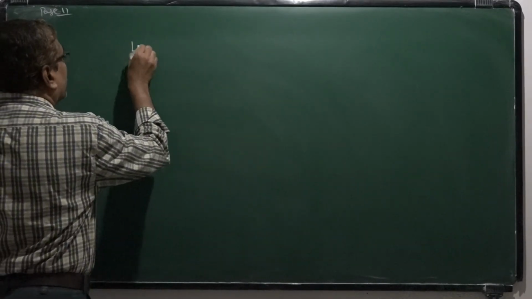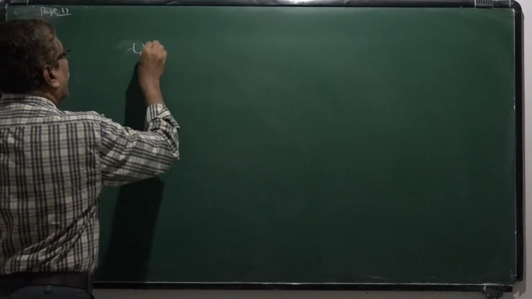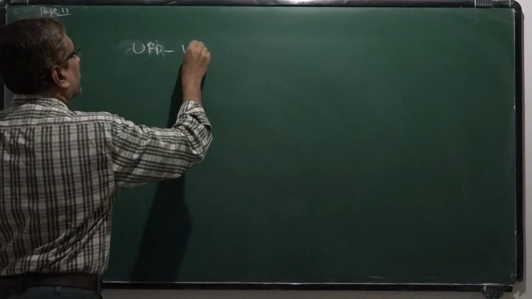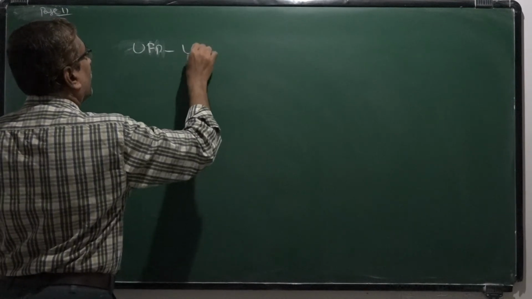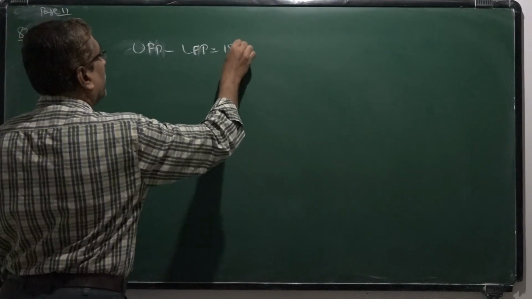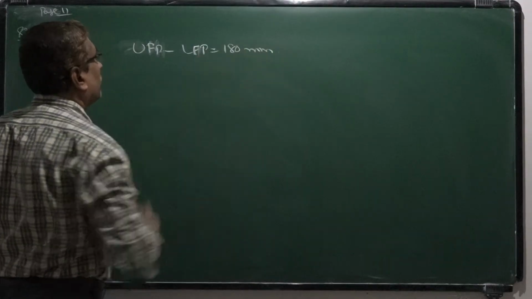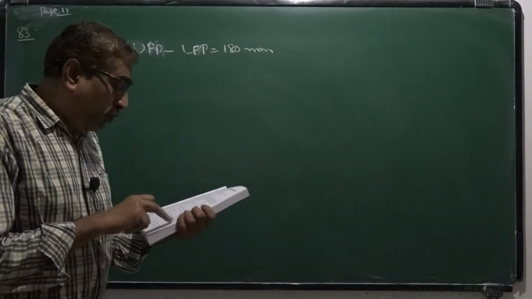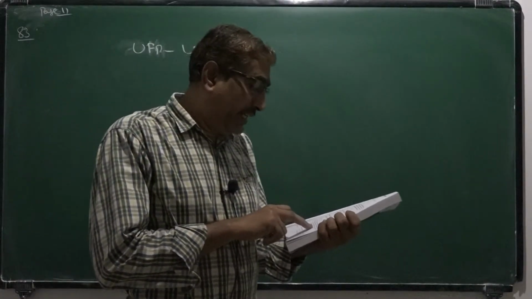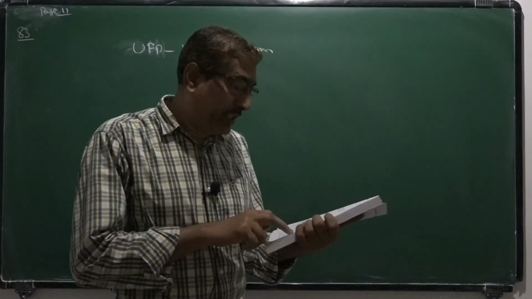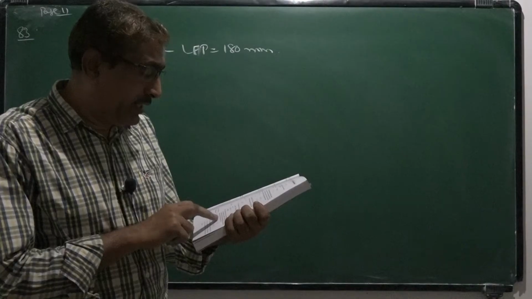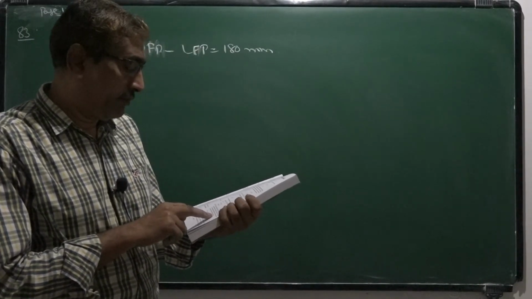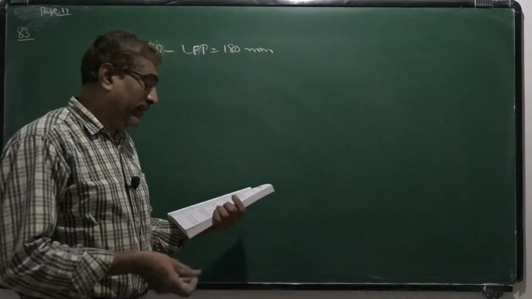That is given. Now, what is the temperature in centigrade if the length of the mercury thread is 90 millimeter above the lower fixed point?